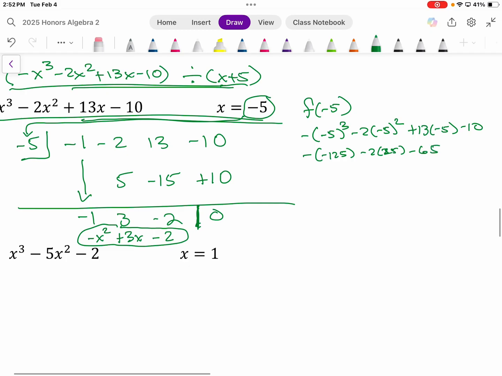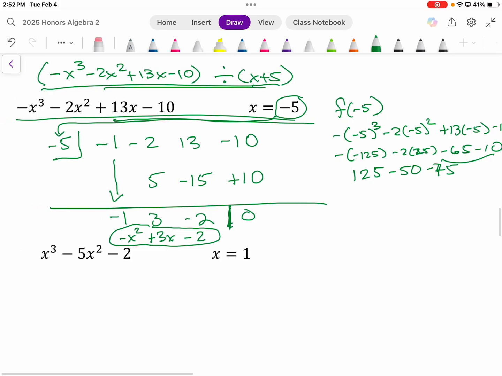That's a -50. That is a negative. Then 13 times -5 is -65 minus 10, that's a -75. Combine those: +125 technically, that's 125 minus 125... that's 0. So the remainder theorem told me that, hey, I should not get a remainder.